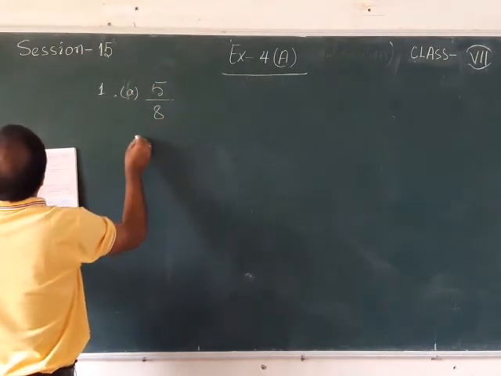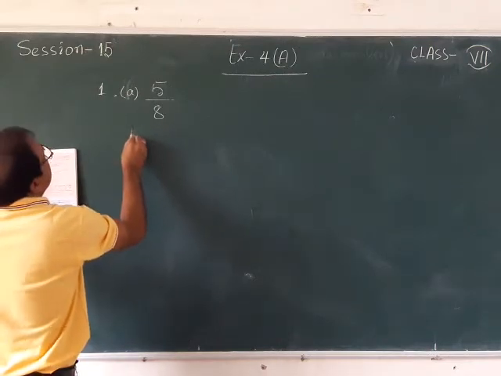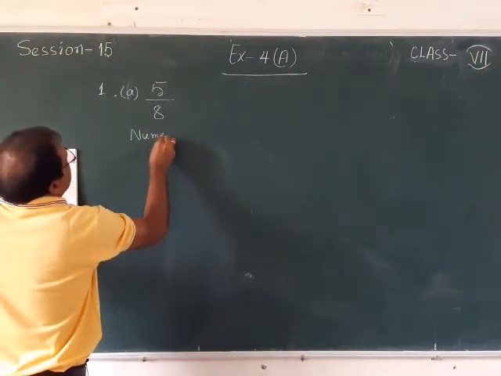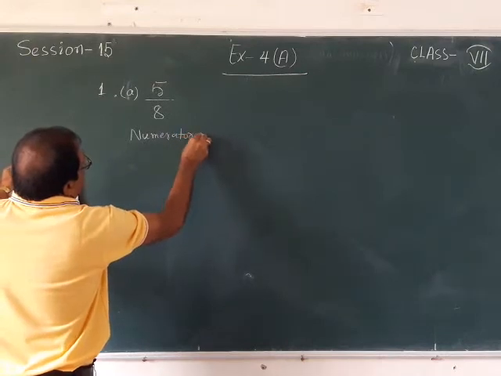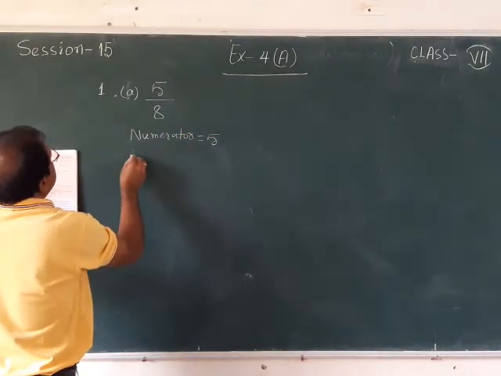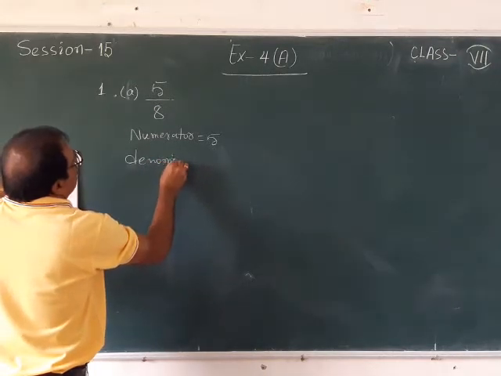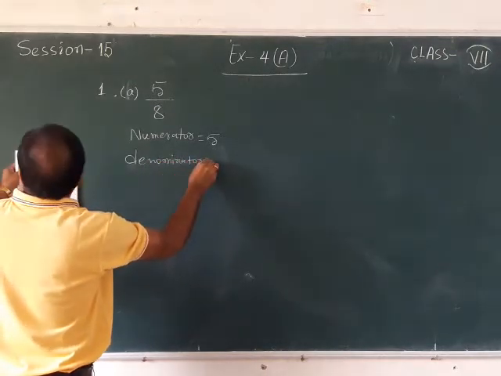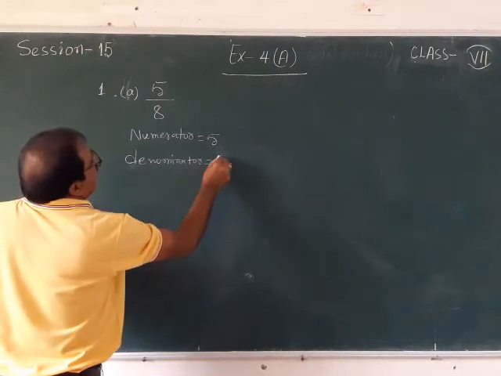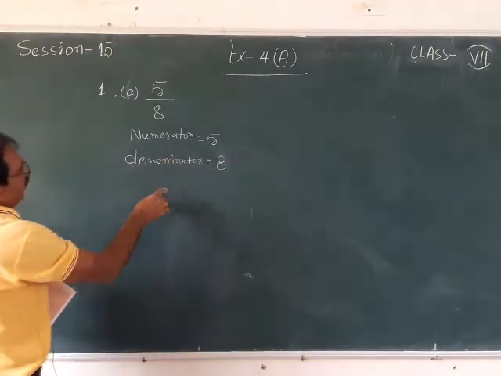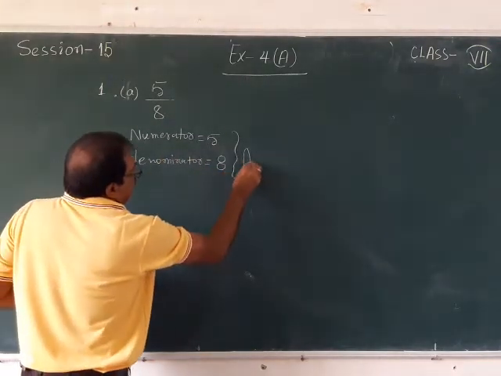You can write the answer directly here. What is the numerator here? That is equal to 5, and the denominator is 8. So numerator and denominator are 5 and 8, and that is your answer.